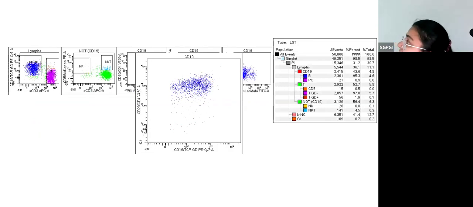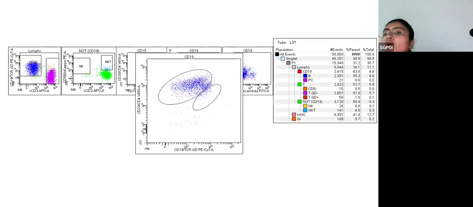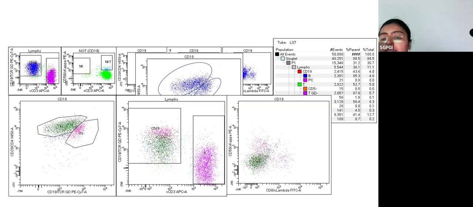However, on the CD20 and CD19 plot, can anybody appreciate two populations here? Something that is bright for CD19, dim for CD20, and then the other population which is bright CD20 and dim CD19, right? So if we draw these two circles around it, this is the gating that is done. On the CD19 plot, you can clearly see this CD19 bright population in magenta, and CD19 dim population in green.